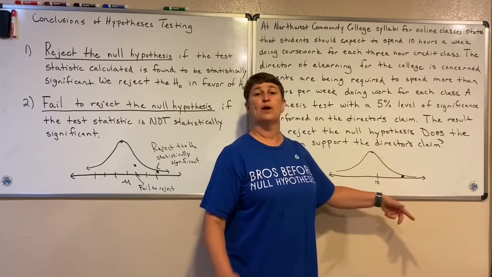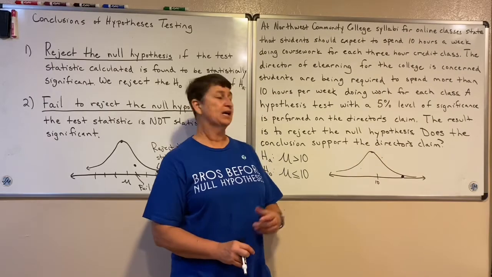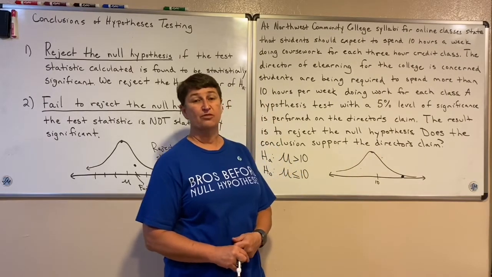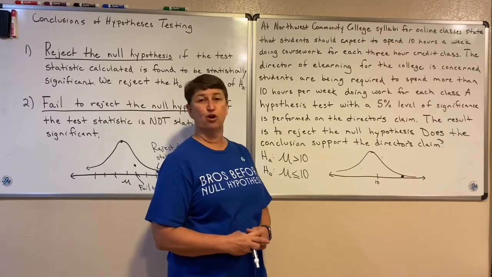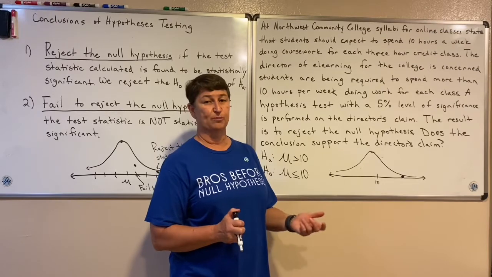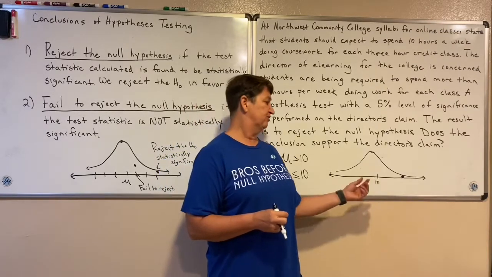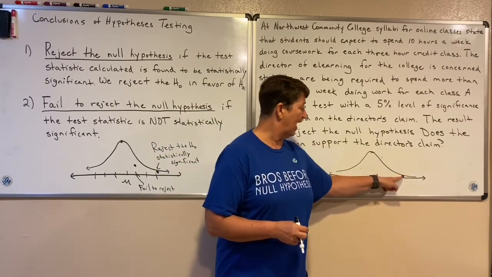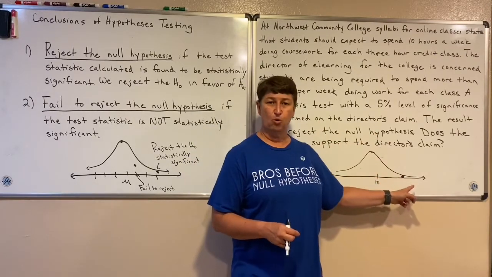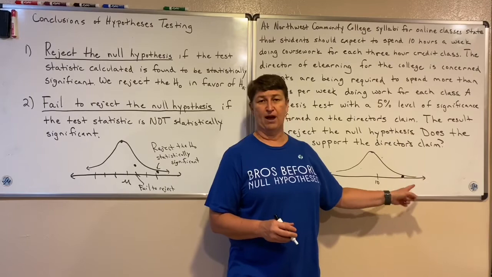In which case, maybe we need to switch those syllabi to say, hey, it's going to be more than 10 hours. Or the e-learning director needs to go to the teachers and say, hey, it turns out it's taking longer than what you expected. Maybe we need to narrow this down a little bit. So when we reject the null, it does support our alternative hypothesis.